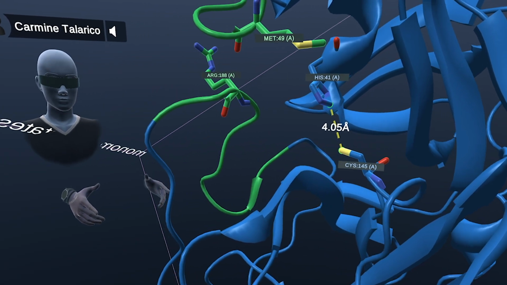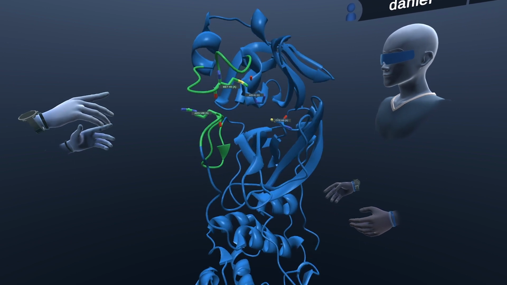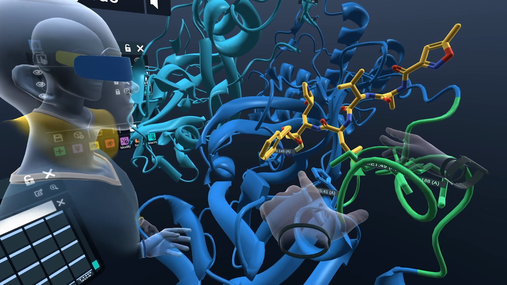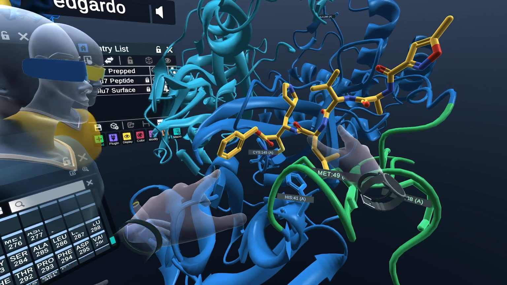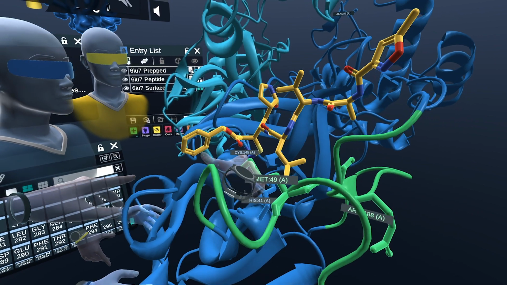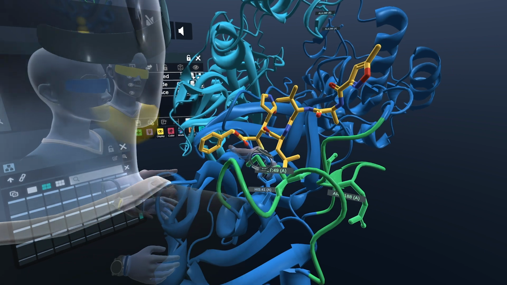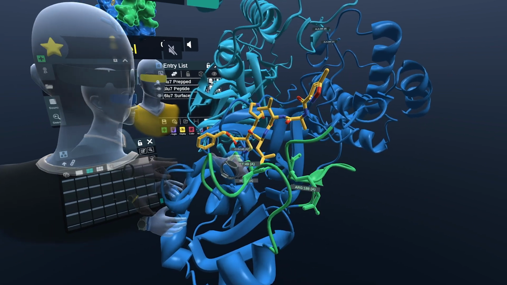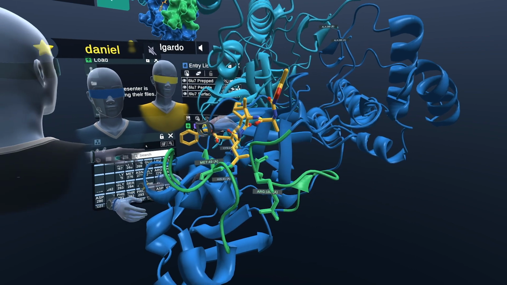And to do this, we have to produce an apoform of the protein because the X-ray of the starting structure, the 6LU7, is complexed with a covalent inhibitor. So we split the ligand to monitor the distance and the behavior.